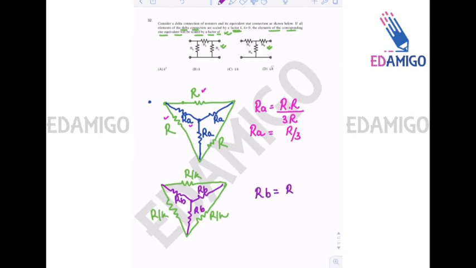So RB will be equal to R by K into R by K divided by 3R by K. So this will come out to be R by 3K is equal to RB. So we can say that they are scaled by the factor of K only. Okay, because earlier the value was R by 3 and now the value is R by 3K. So they are scaled by the factor of K. So B is the correct answer.